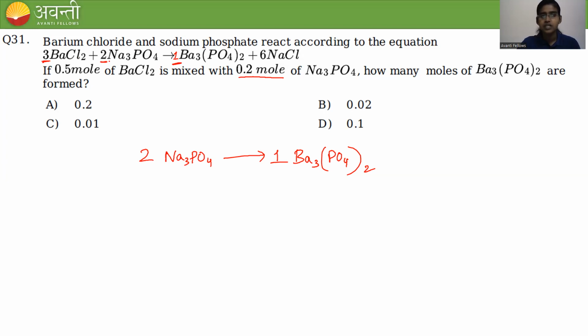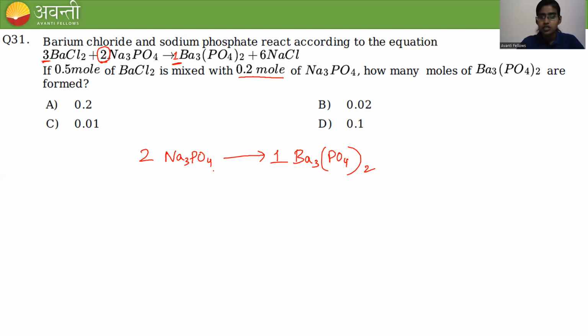The limiting reagent determines the amount of product formed. Since sodium phosphate is present in 2 moles, it is present in a lesser amount, so sodium phosphate is the limiting reagent for the reaction. So with respect to sodium phosphate, we are solving this question.